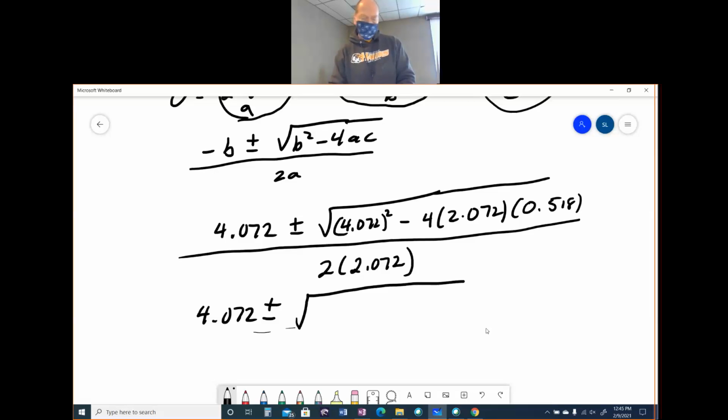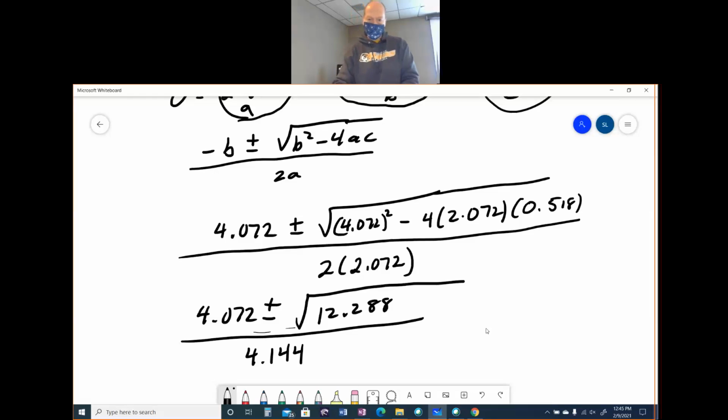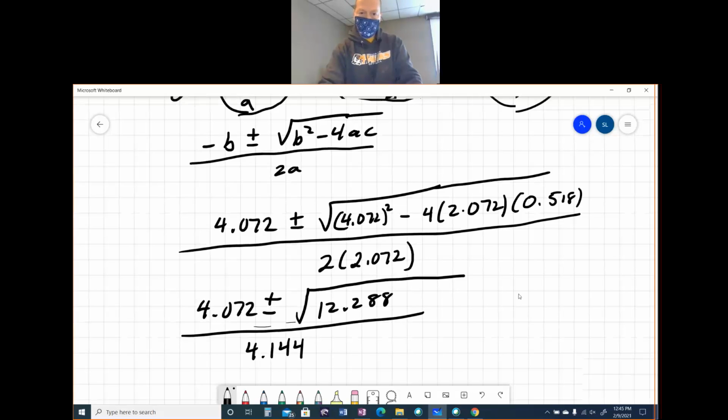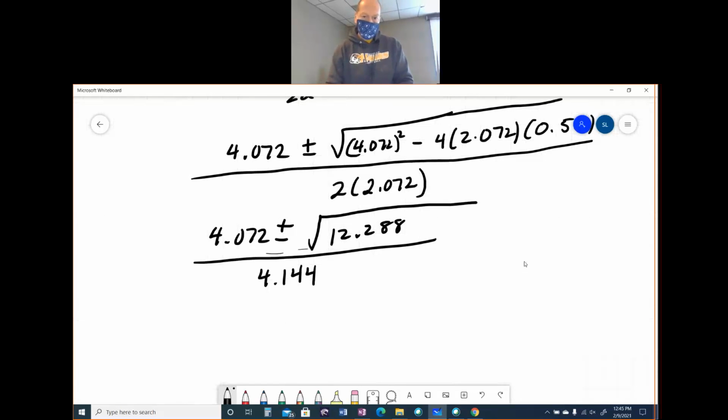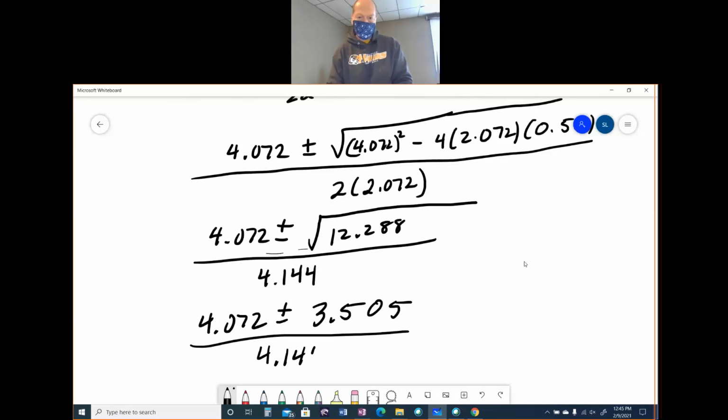That's going to be the square root of 12.288 all over your 4.144. And so then you take the square root of that. Okay, so you have your 4.072 plus or minus your 3.505 all over 4.144.